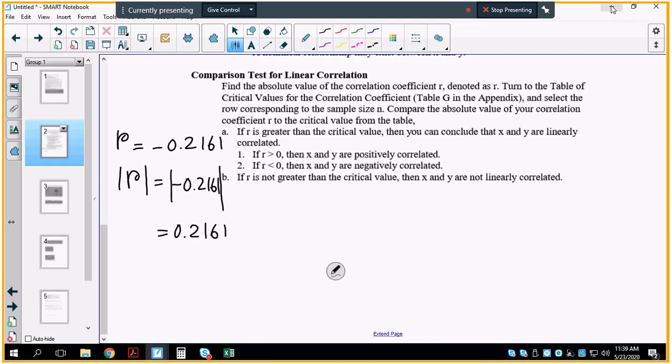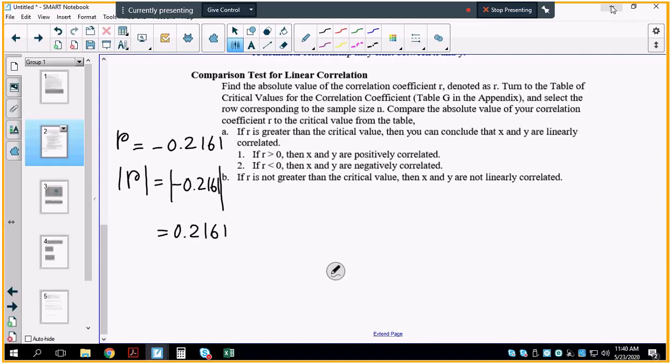If r is greater than 0, we get to say the variables are positively correlated. If r is less than 0, we say the variables are negatively correlated. If r is not greater than the found critical value from the G table, then we will say the x and y variables are not linearly correlated.